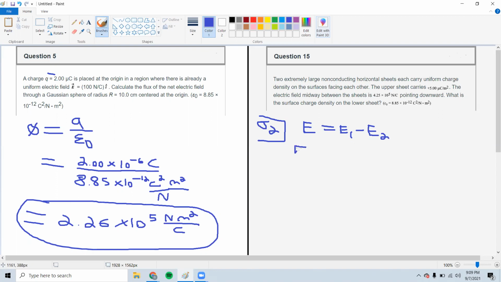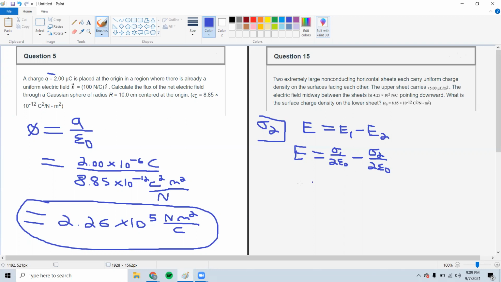And then we can substitute in the E's: sigma sub 1 over 2 times the electric constant, minus sigma sub 2 over, again, 2 times the electric constant.